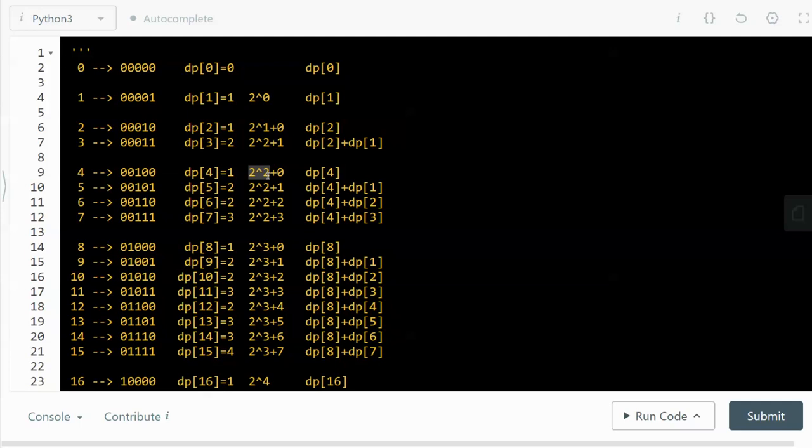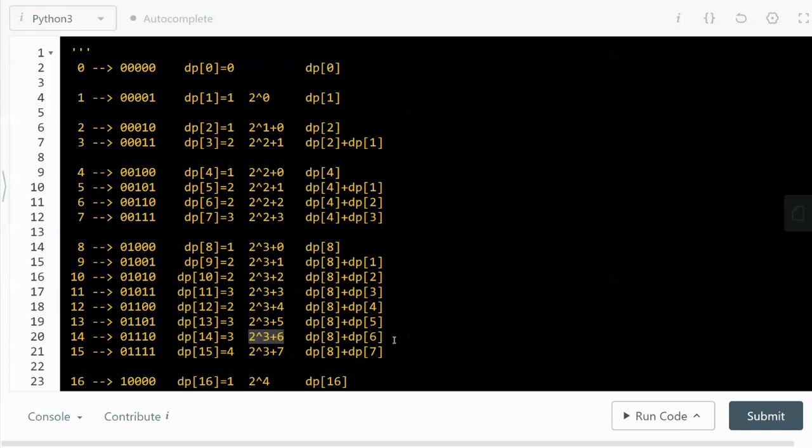So the leading bit increased by 1 in here. For this chunk, it's all around 2 to the power of 2, right? For example, 5 is equal to 2 to the power of 2 plus 1, and the next block is 2 to the power of 3 plus something, for example, 2 to the power of 3 plus 6 is 14. We can use that relationship to build up our dynamic programming approach.